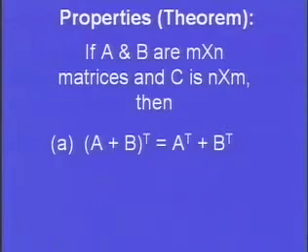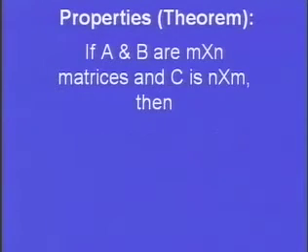Okay, now what this is saying is that if I need to add two matrices, A and B, together, I can add them first and then transpose them, like it says to do, or I could transpose them first and then add them. Now, if you remember too, addition is commutative, so A transpose plus B transpose is exactly the same as B transpose plus A transpose. So even the order in which the two matrices are located can be changed. I can have A transpose plus B transpose or B transpose plus A transpose.